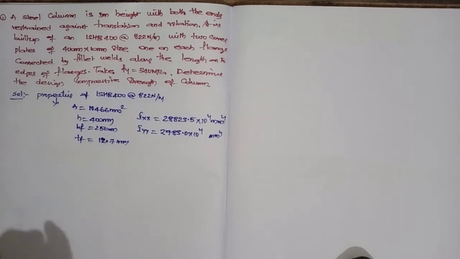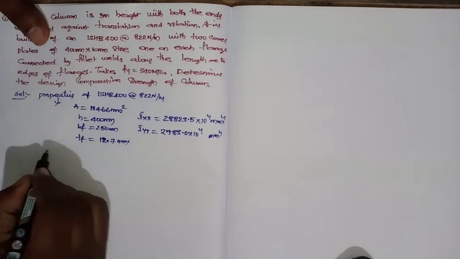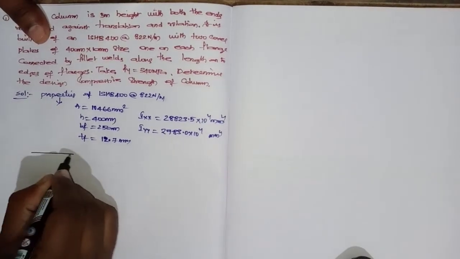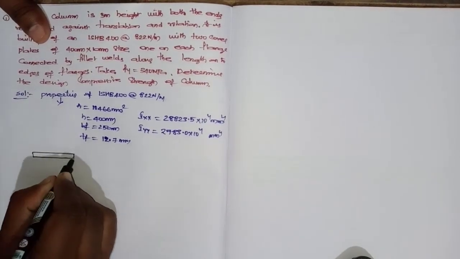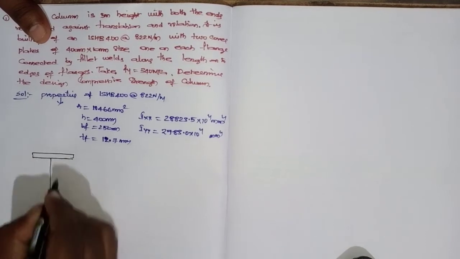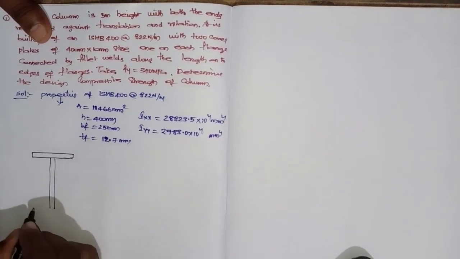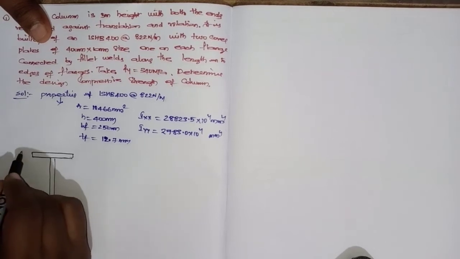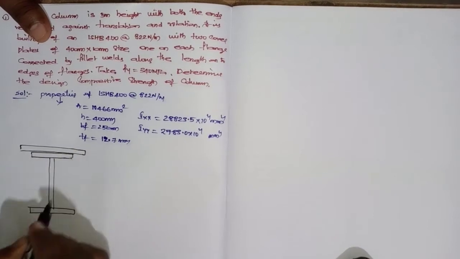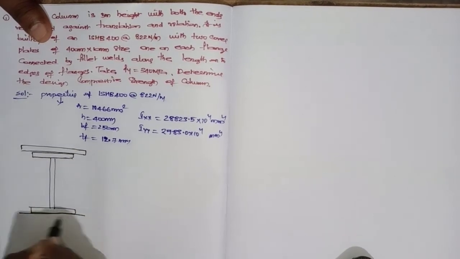Next I will try to draw the figure so that it will be clearly understood. This is the I section, and two plates are placed on the top flange and the bottom flange.